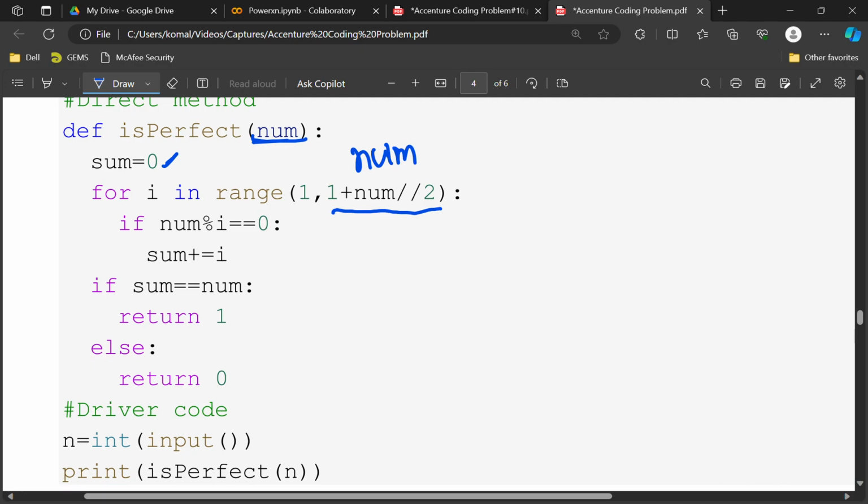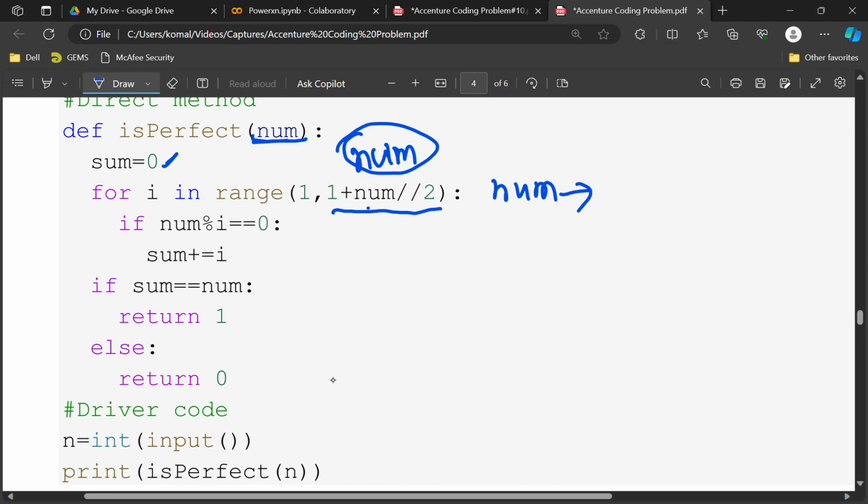That means it stops at 6 by 2. So that's why I am considering num divided by 2 plus 1. This is just common sense. We need not run the loop up to num, so we are reducing the number of iterations from num to num by 2.